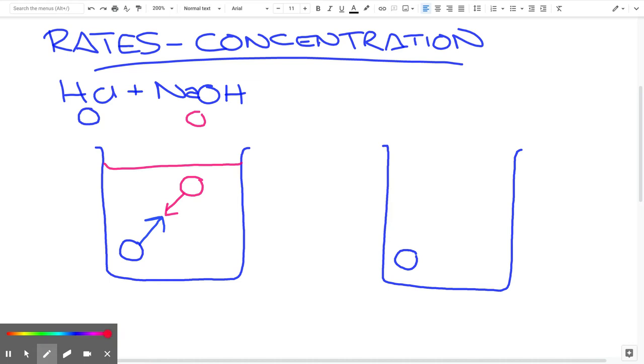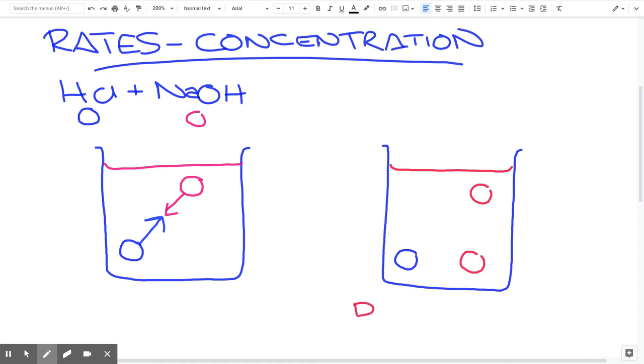If we then do the same diagram, but this time just change the concentration of the sodium hydroxide, in this case we can increase it. In this case, we can actually double the concentration. With surface area, it's not impossible, but it's quite difficult to control the surface area of a solid, especially if you're using a powder or an irregularly shaped piece of marble chip, for example.